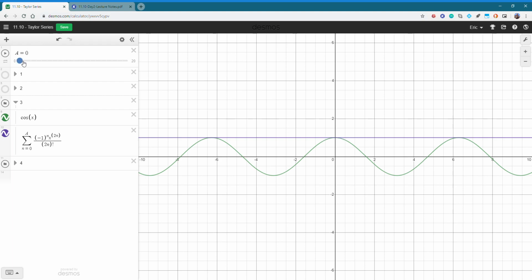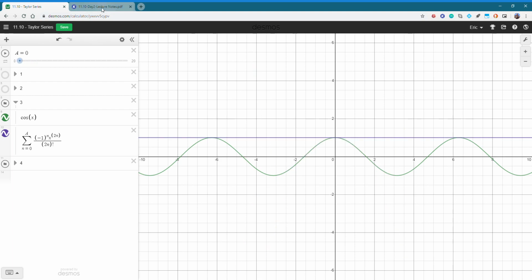And if we bump this up, we'll have our degree 2, then our degree 4, degree 6, degree 8, and again, doing a better and better job hugging cosine further and further out. And this power series for cosine does indeed converge for all x.